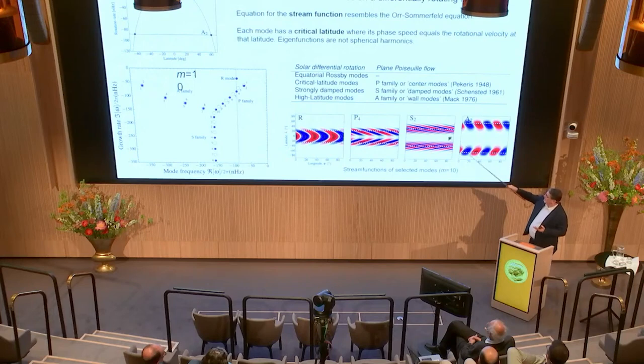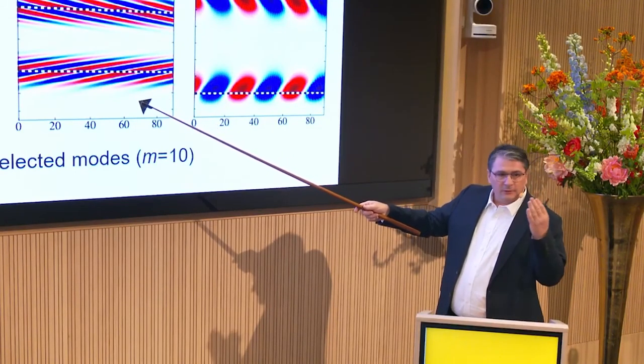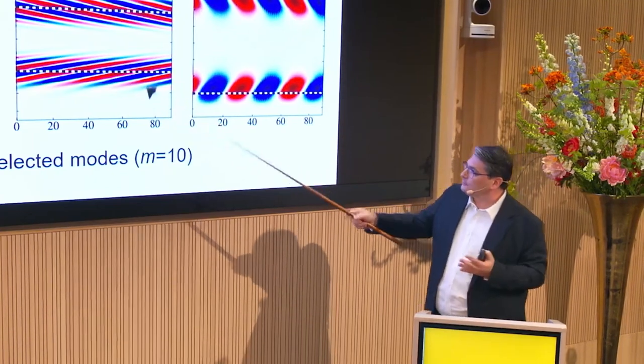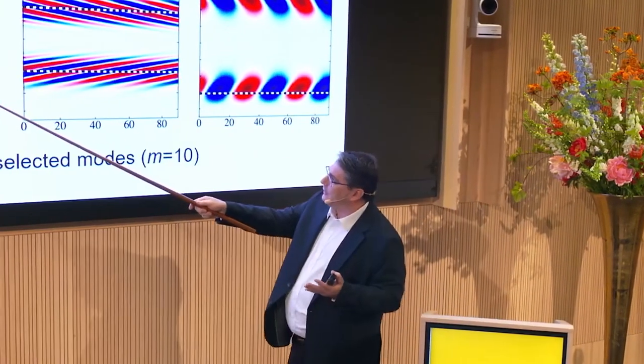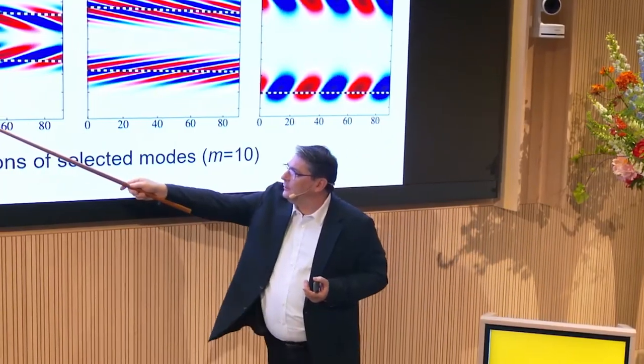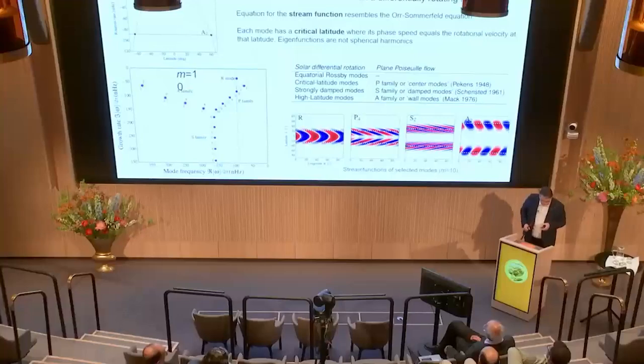This is a highly damped mode, with very fast oscillations around the critical latitude. This mode would not be able to be singled out in the power spectrum. The lifetimes are way too short. This is a critical latitude mode, or Santem mode. And the equatorial Rossby mode, which is not too far from spherical harmonics.